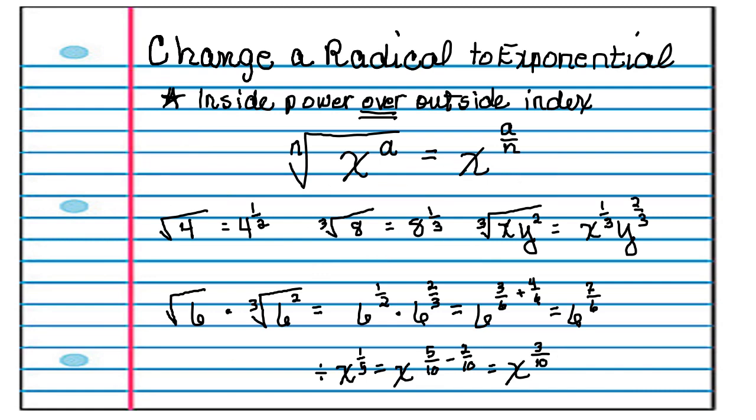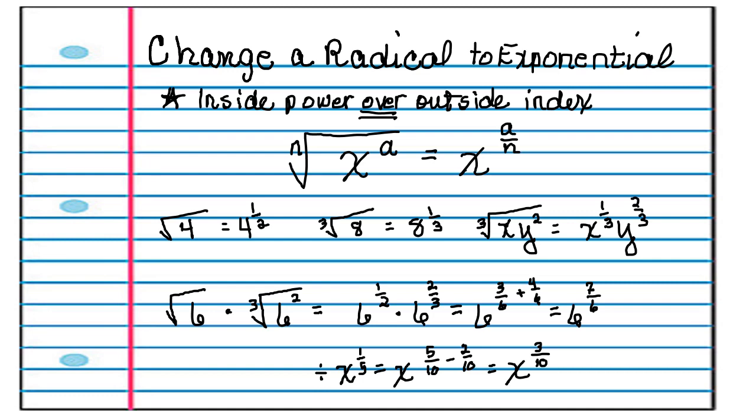So to use these exponent rules, since an exponent or the inverse of an exponent is a radical, sometimes it's to our advantage to change a radical into an exponential equation. The key here is to remember that it's always the inside power over the outside index.